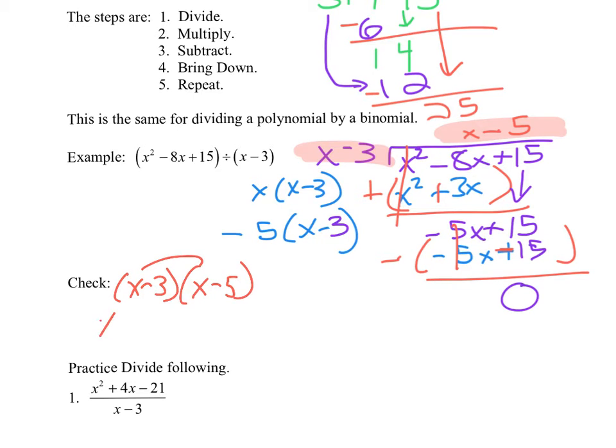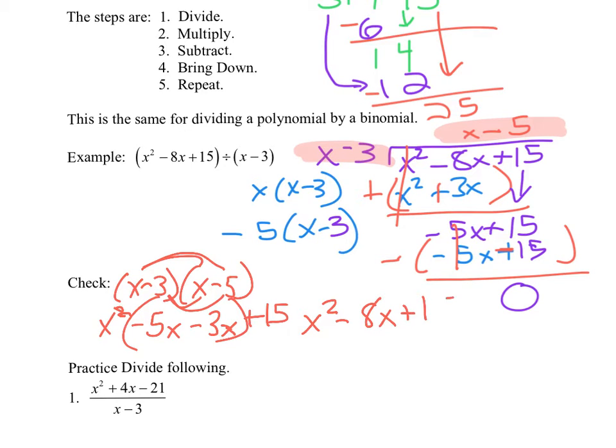I get x squared minus 5x minus 3x plus 15. All right, so I put these two together to simplify it. I get x squared minus 8x plus 15. And sure enough, this answer matches that answer. So this is indeed the accurate answer.